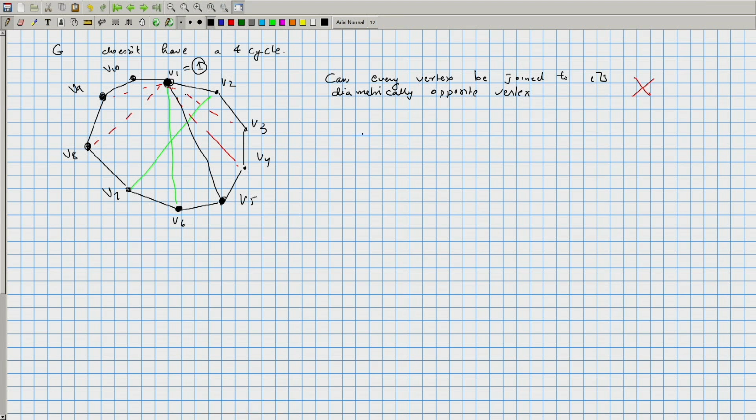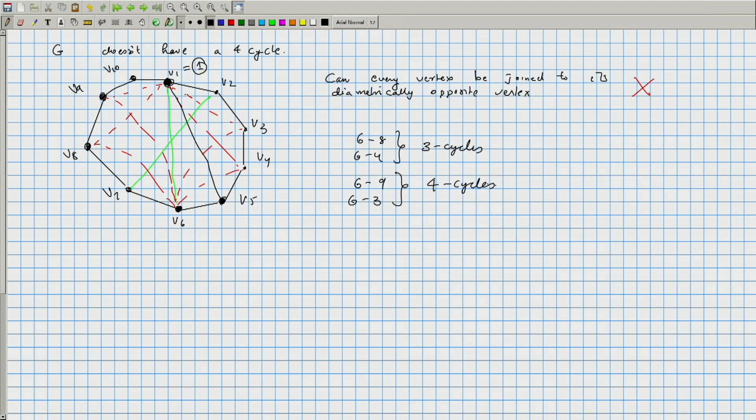Clearly 6, 8 and 6, 4 are ruled out because of 3 cycle. V9 and V3 are ruled out because of 4 cycles. So, 6, 8, 6, 4 causes 3 cycles, 6, 9, 6, 3 causes 4 cycles.